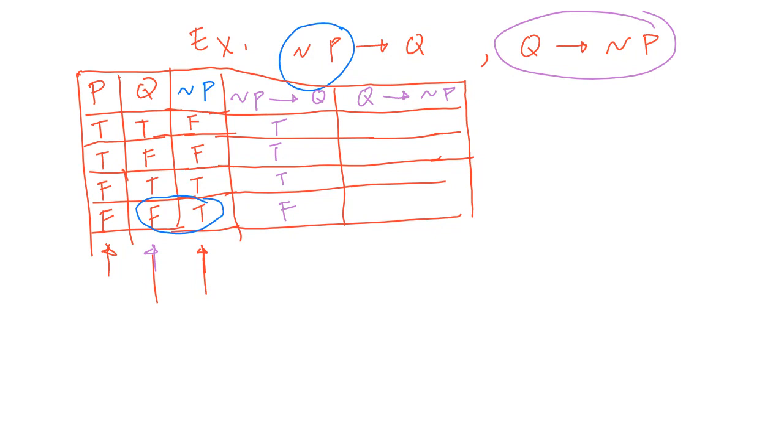Q, that should be here, second column, and not P, that would be the third column. So let's start looking at the TF. So the TF is here. So the TF would go F here, and the rest would be T. Let's see if there's another TF. There's another TF, so that should be T for the rest of them.